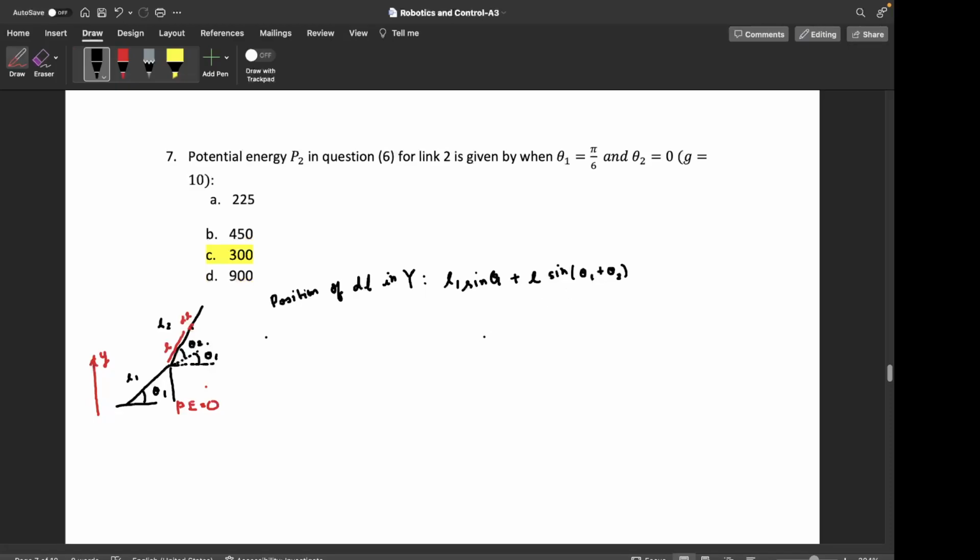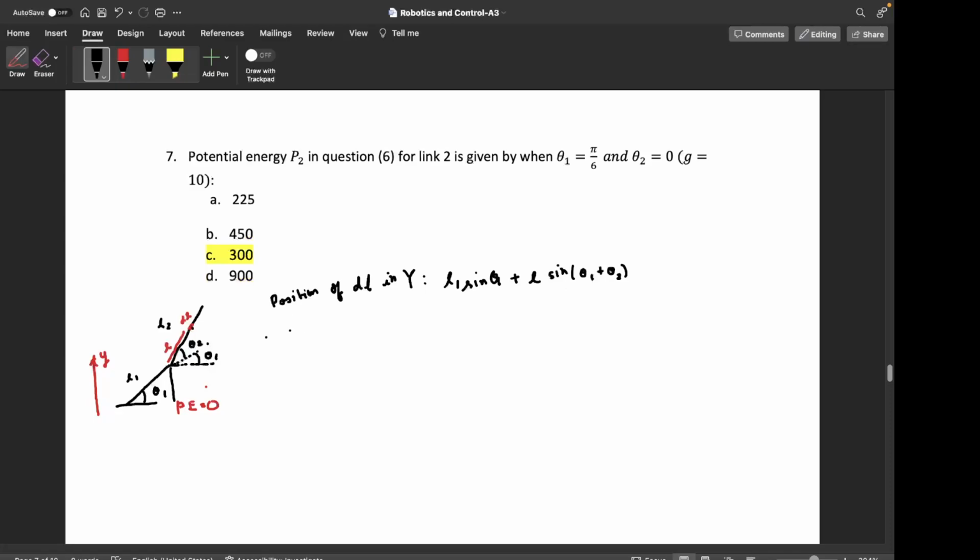Now once we have the position of that element, now you can use the usual point mass formula to write its potential energy, right?